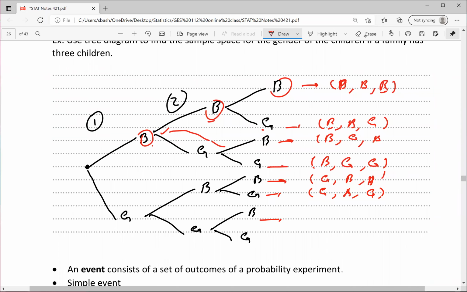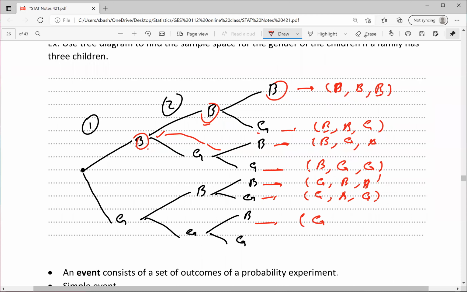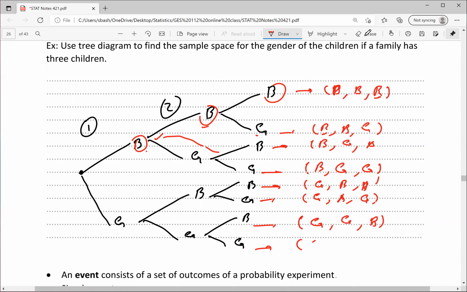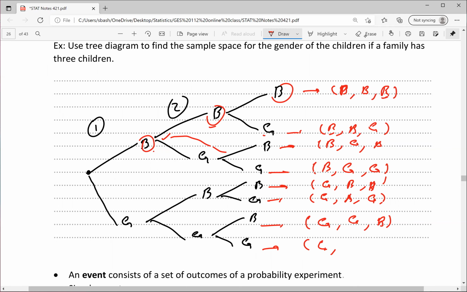This combination is girl, girl and boy. And the last one is girl, girl and girl, the last one.